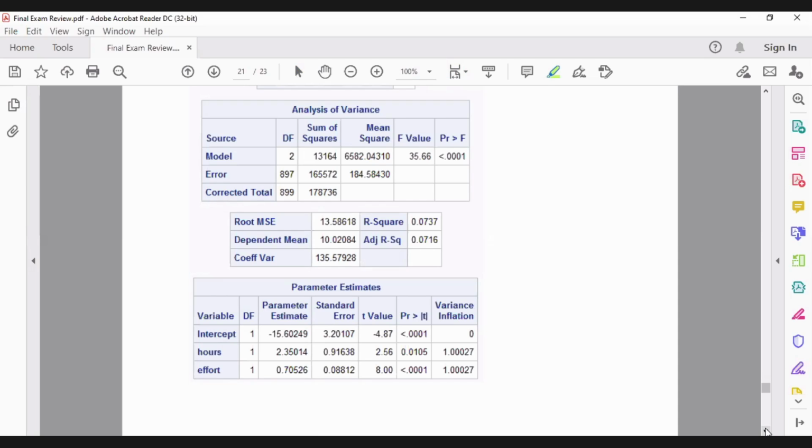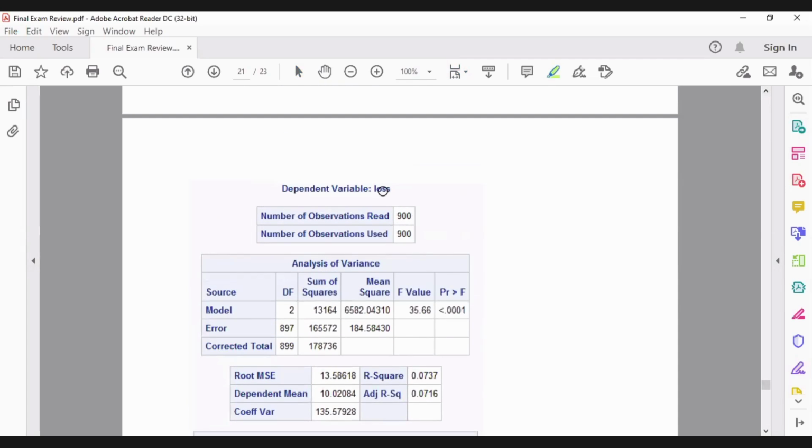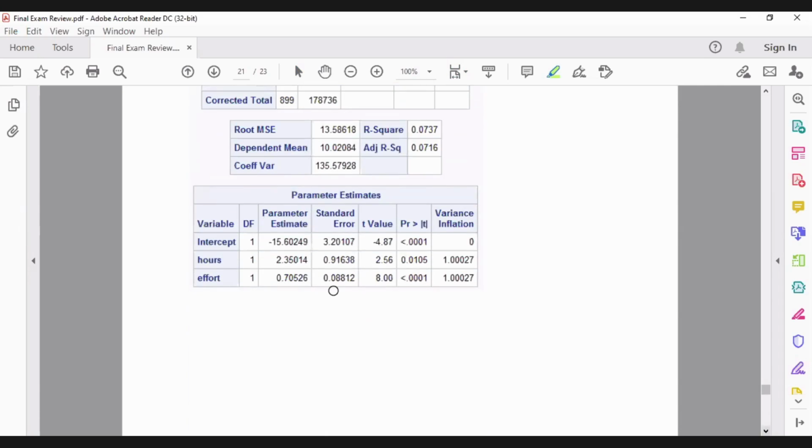So this is a model where y is loss. The dependent variable is loss, and it is regressed against intercept, hours, and efforts. So we got hours significant, we got effort significant.